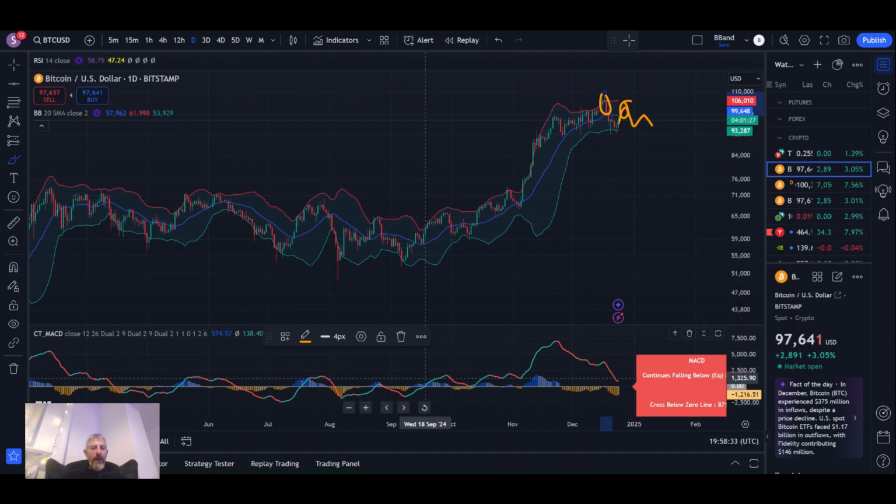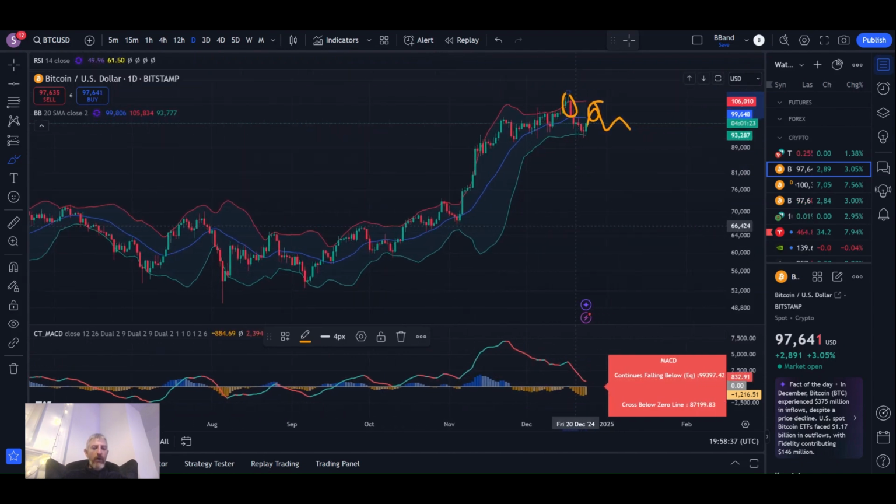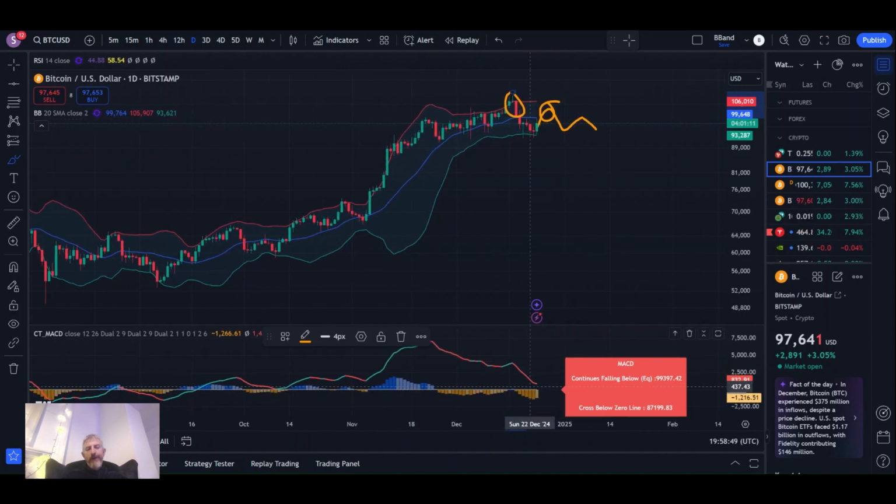So the MACD on the daily is fairly powerful from the point of view of being above or below the zero line, giving me, and I don't know how everyone else uses it, a spin on momentum. So I do feel that there probably is more downside to come.